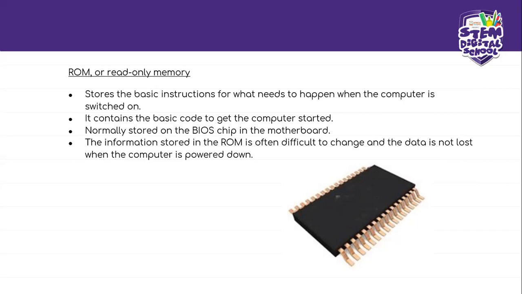But ROM stores the basic instructions for what needs to happen when the computer is switched on. It contains the basic code to get the computer started. The information stored in the ROM is often difficult to change, and it doesn't get lost when the computer is turned off.